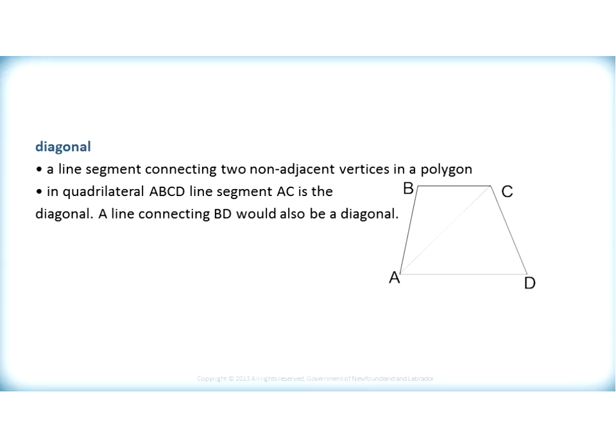A diagonal is a line segment connecting two non-adjacent vertices in a polygon. So in other words, two vertices that are not joined together to help create the polygon.